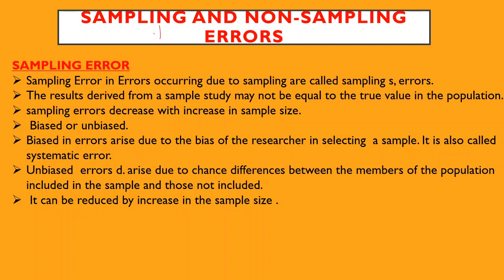Sampling error means errors that happen at the stage of sampling. While we are collecting data, if any errors occur, that is known as sampling error. And sampling errors can be decreased by increasing the sample size. So this is how we can reduce the chance of sampling error.